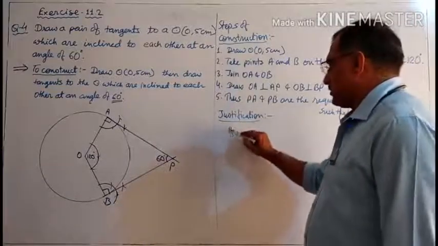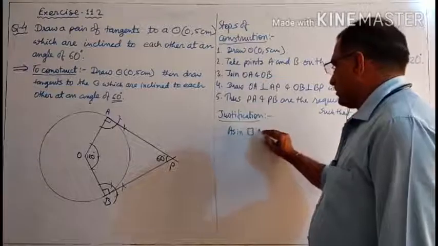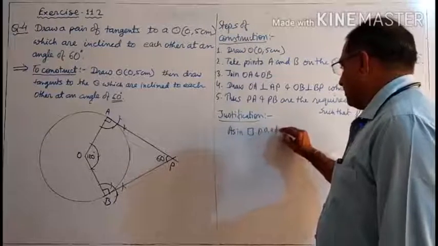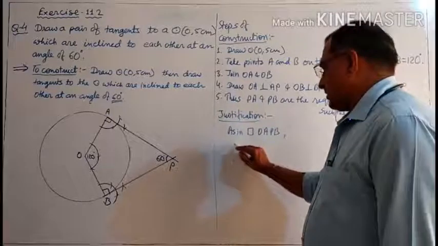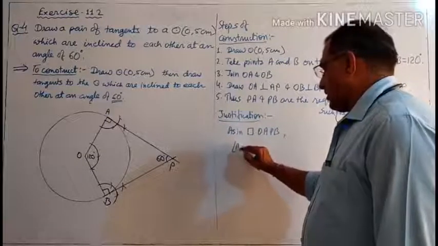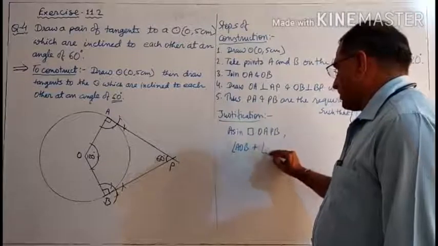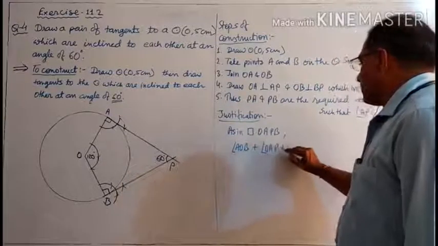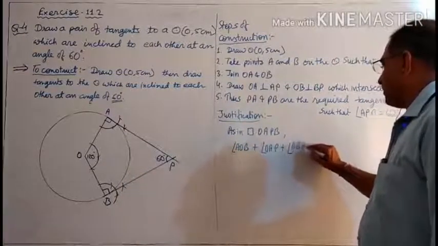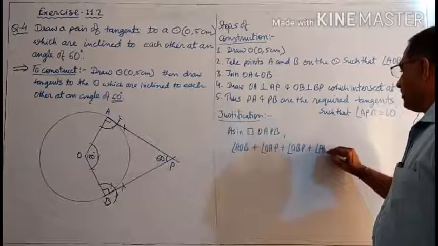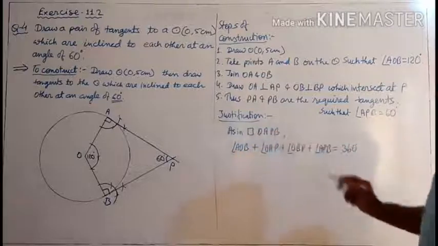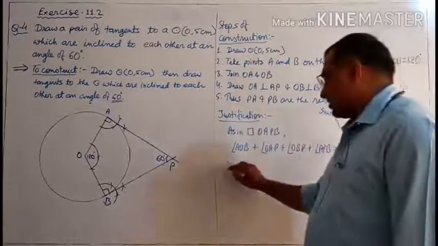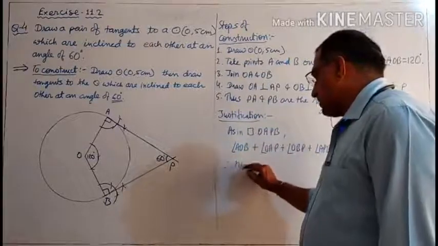In quadrilateral OAPB, the sum of the angles, that is angle AOB plus angle OAP plus angle OBP plus angle APB, is equal to 360, as the sum of the measures of all the four angles of a quadrilateral is 360. Here this we have constructed 120.